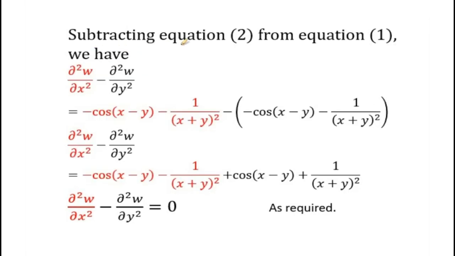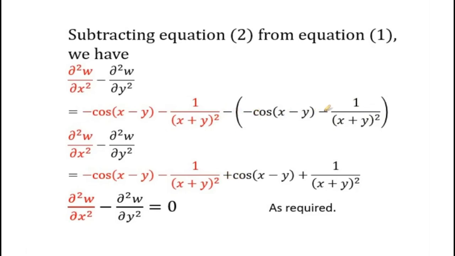Now subtracting equation 2 from equation 1, we have ∂²w/∂x² - ∂²w/∂y². So -cos(x - y) - 1/(x + y)² minus -cos(x - y) - 1/(x + y)². So negative times negative will become positive.